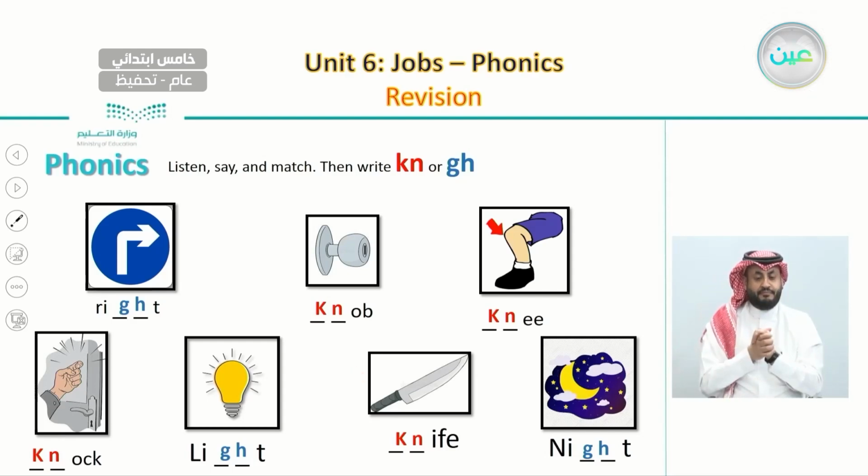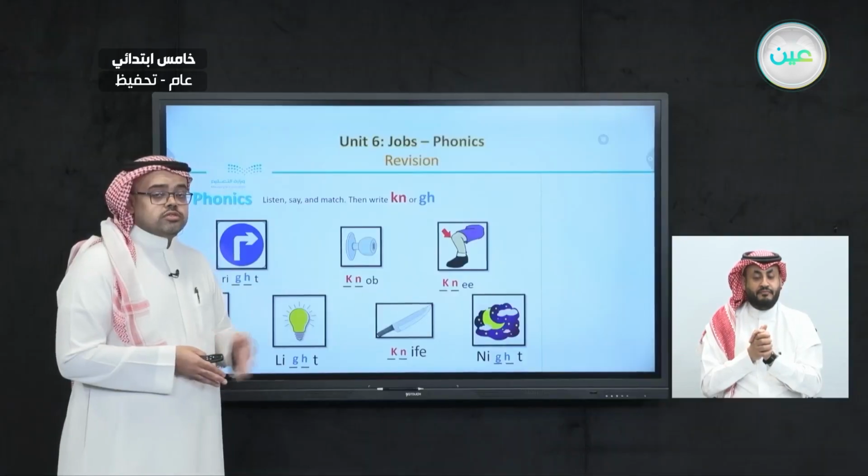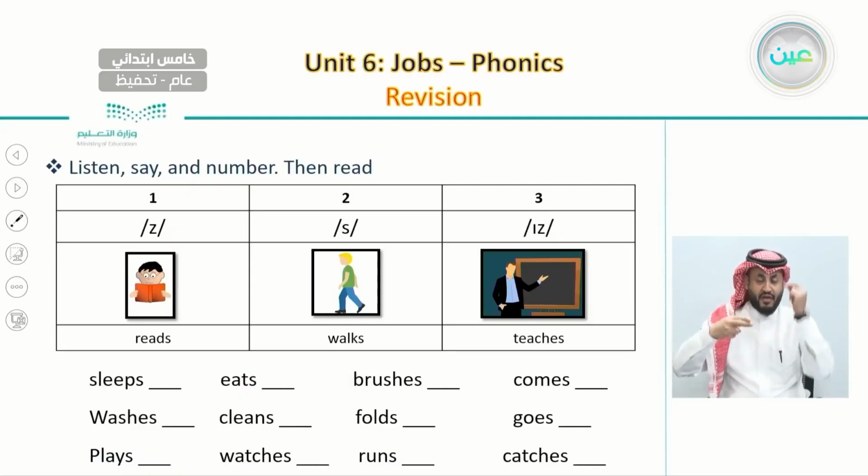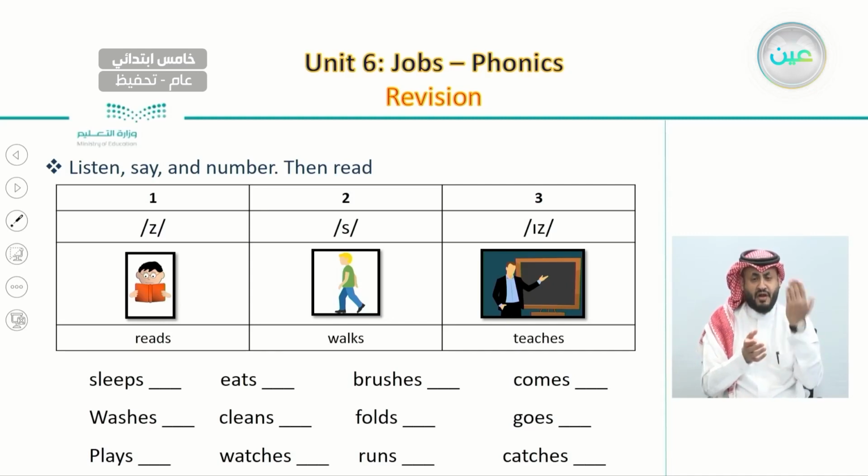Very well. These were some of the more common words with these two letters, with G and H and K and N. And also in the last lesson, we said certain words that end with three different sounds, that end with S. And we said some examples of them, like this word, reads.